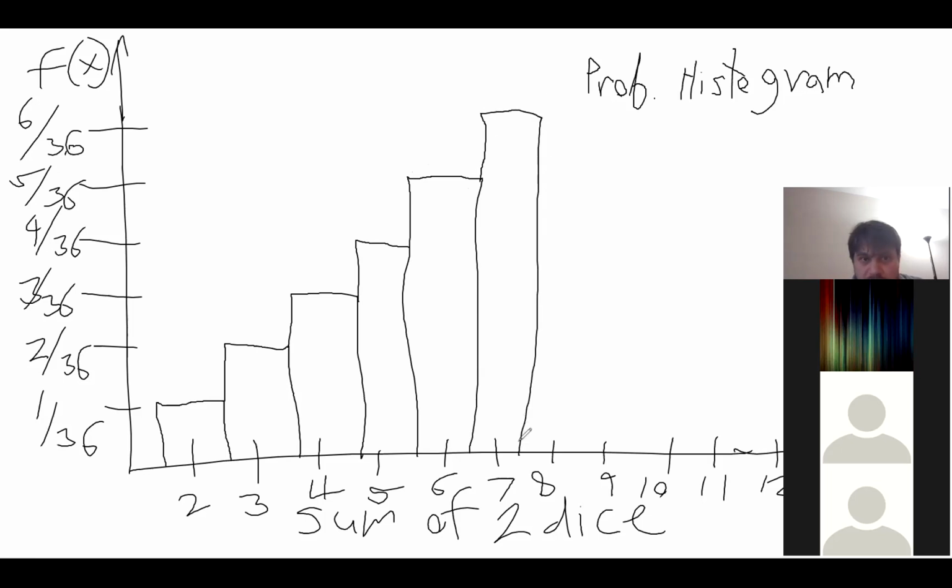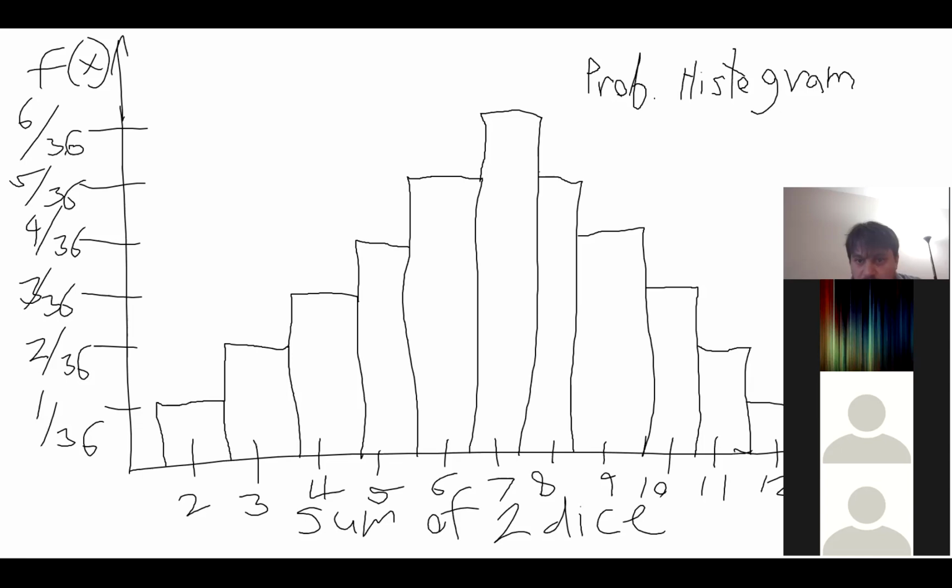Probability of the sum of 7 is 6 over 36. The sum of 8 is 5 over 36. Probability of the sum of 9 is 4 over 36. Probability of the sum of 10 is 3 over 36. Probability of the sum of 11 is 2 over 36. And the probability of the sum of 12 is 1 over 36.